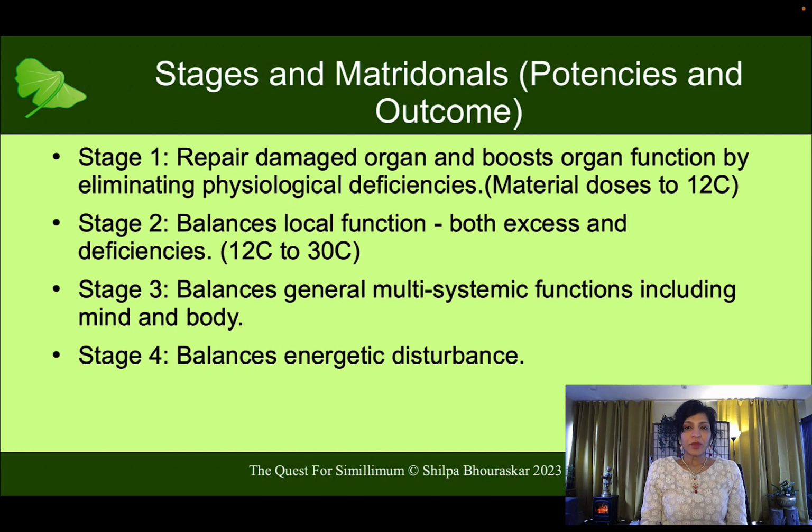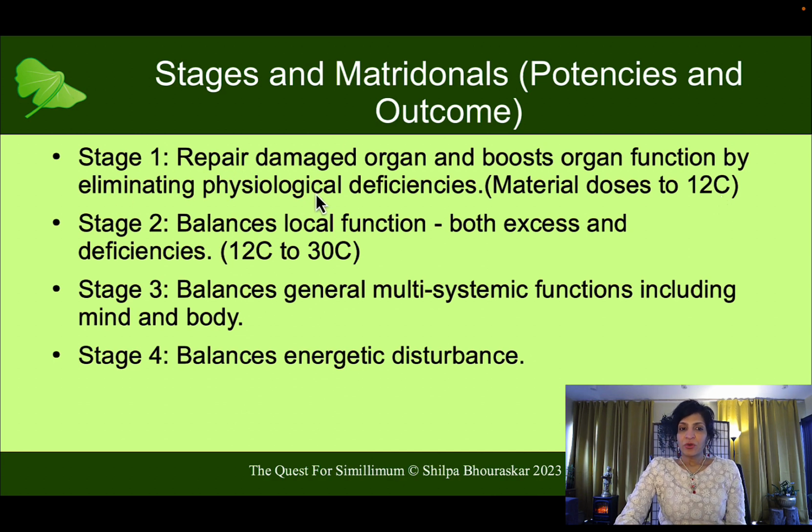Now, when you match at different levels, the outcome that you get from those remedies is also different based on how the match goes, and the potencies that you're using are also different. When you're matching at stage 1, basically you're using very, very material doses of the sarcode, especially until 12C, where there is some form of material present in that particular remedy.